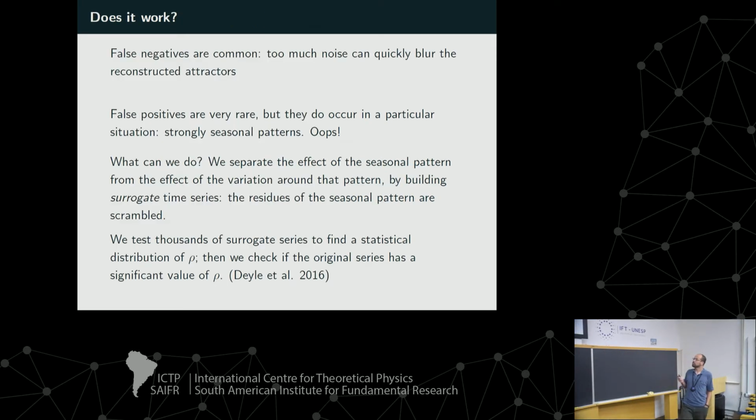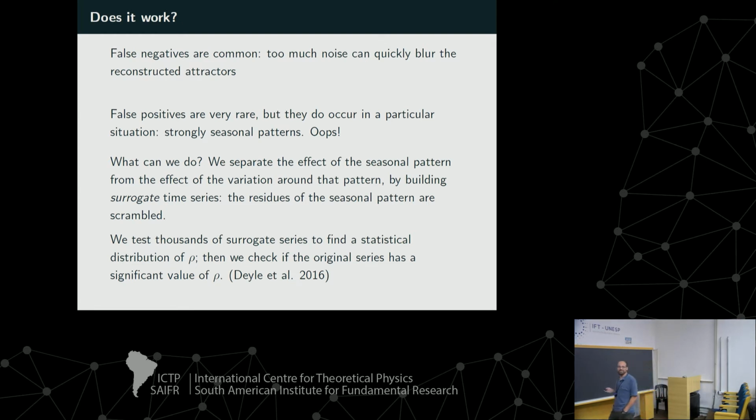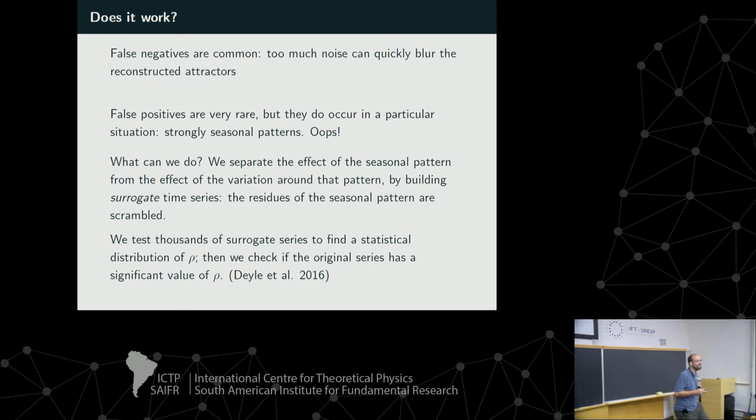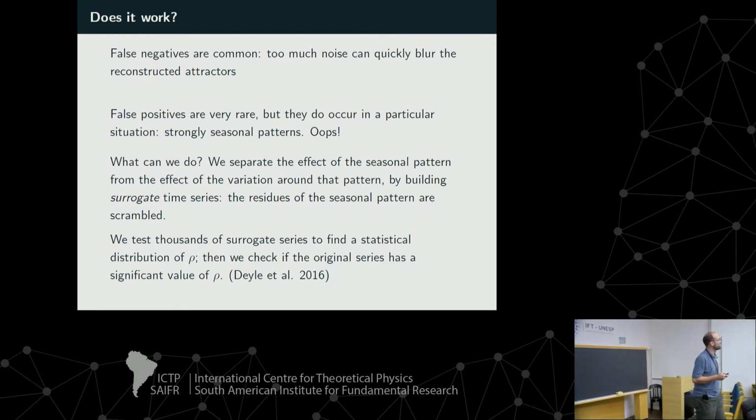Okay. So the question then is, does it work? I showed you some examples where, of course, it works. If you test this with simulated data, it's easy to find false negatives.